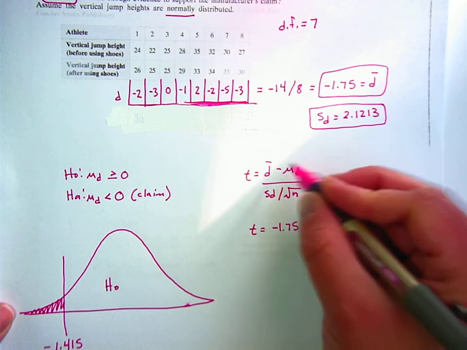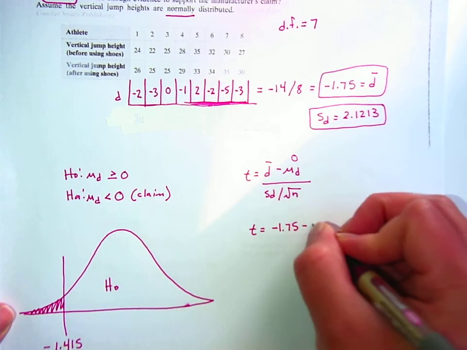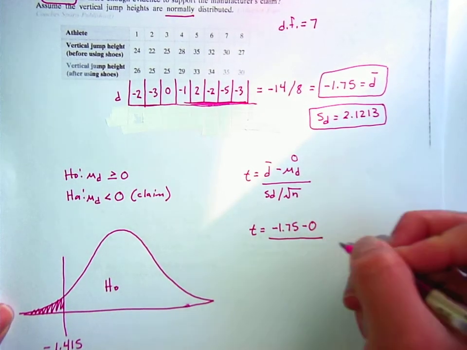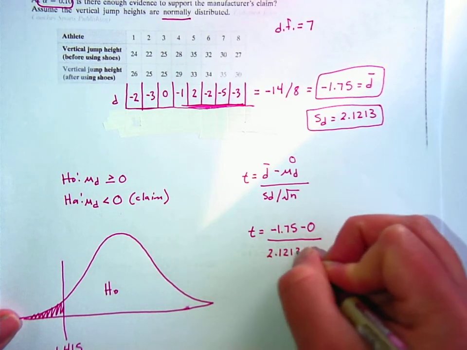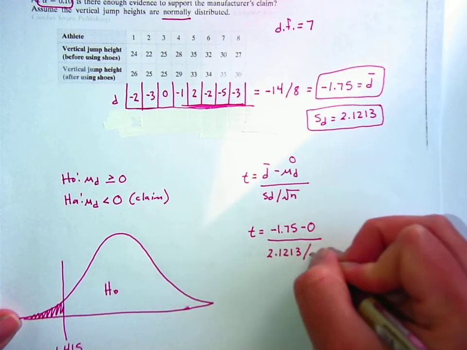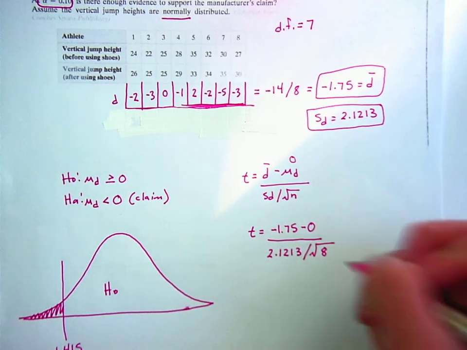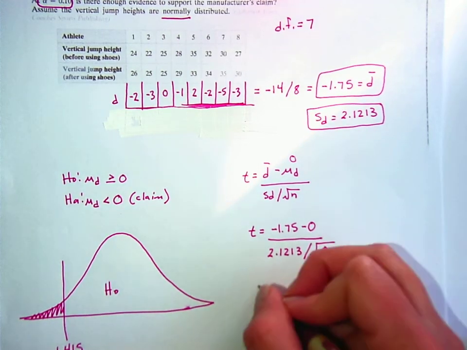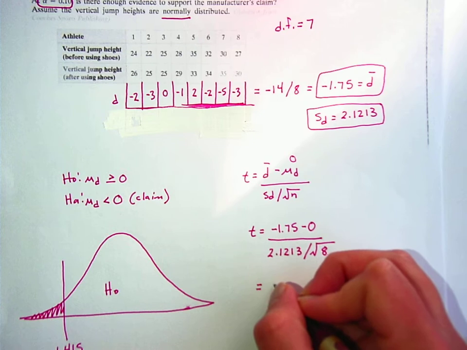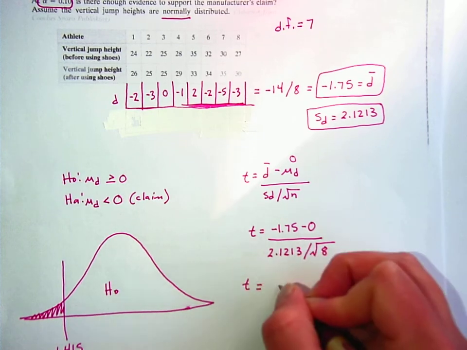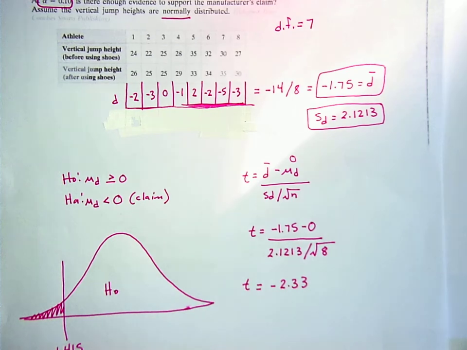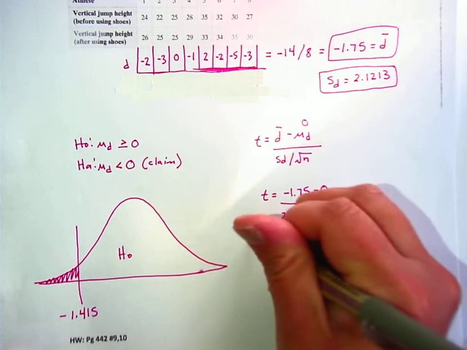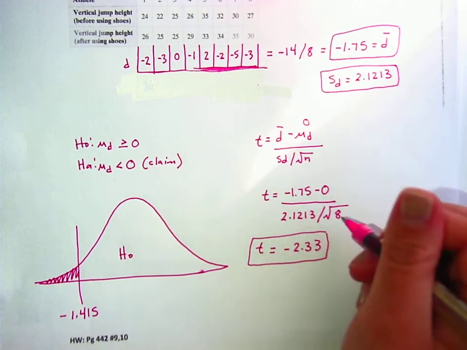I told you at the beginning that this is going to be always 0 because that's your null, which is assuming that there is no difference. Innocent until proven guilty. Standard deviation goes on the bottom, divided by how many pairs you have, which is the square root of 8. And that gets me, my t-score is -2.33. Remember to put the top and the bottom in parentheses.